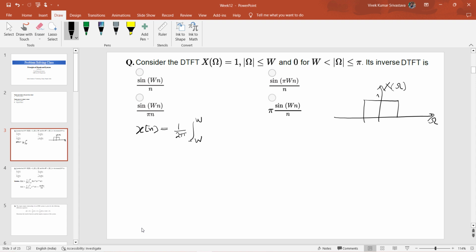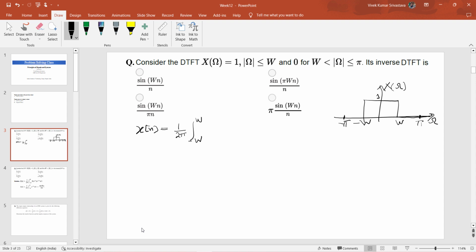The value will be 1 for the range minus W to W, and beyond that, up to pi, let us say, because we know the discrete time Fourier transform is defined for the range minus pi to pi. This is basically the time period of X of omega.